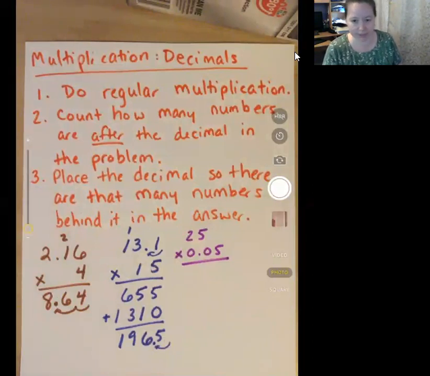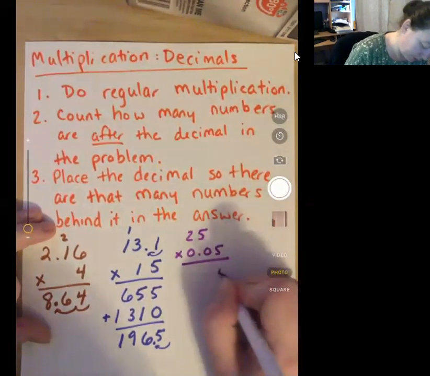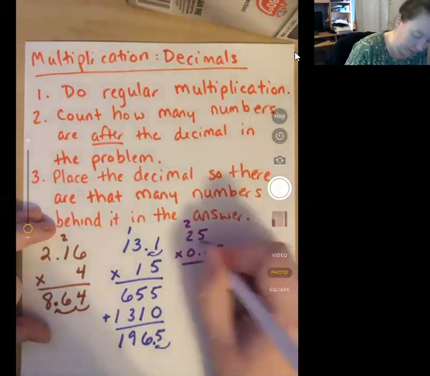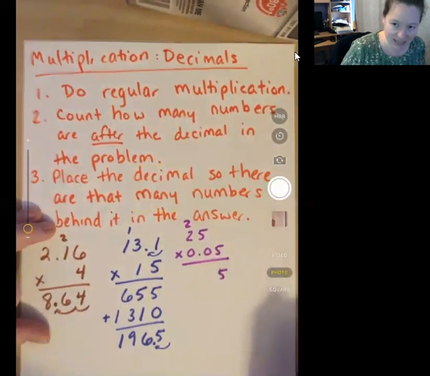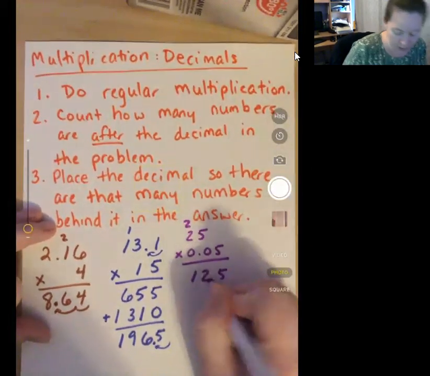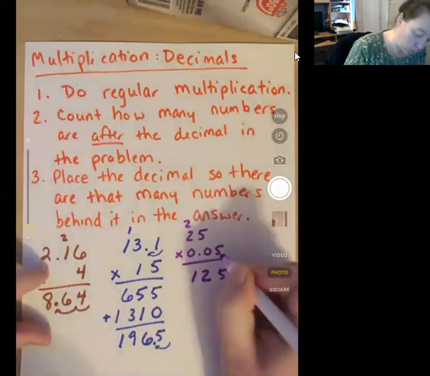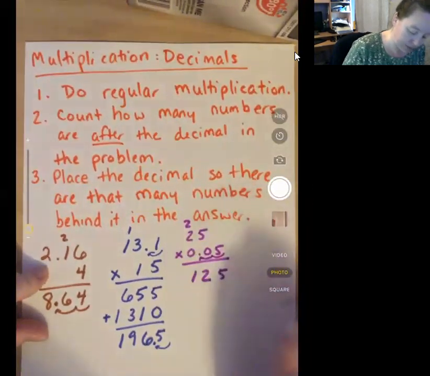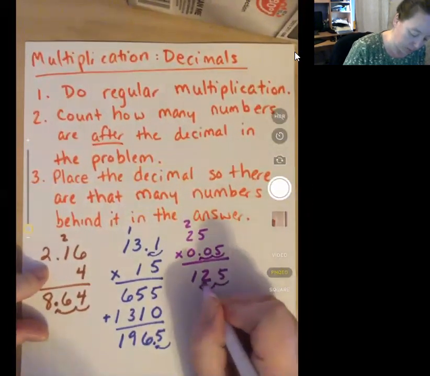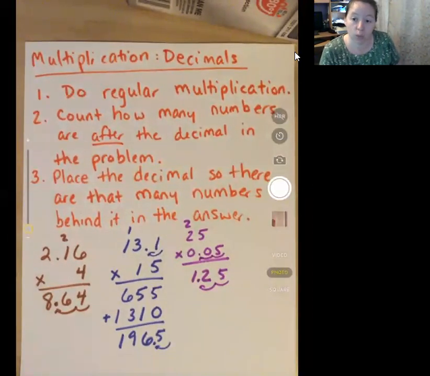That's okay, we'll be fine. 5 times 5 is 25. 5 times 2 is 10, plus 2, 12. So I have 125. I have 2 numbers after the decimal point. So I put 2 numbers after the decimal point, which gives me 1 and 25 hundredths as my answer.